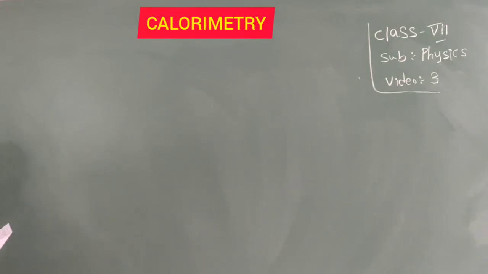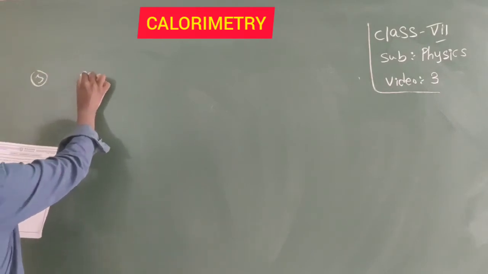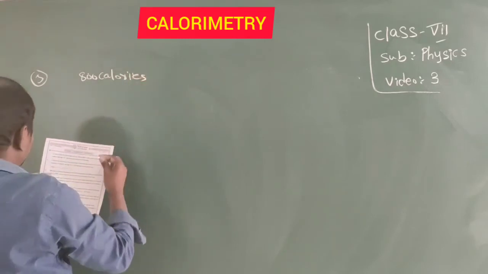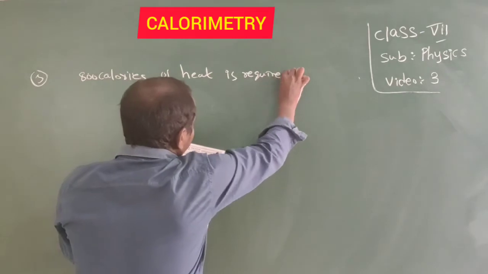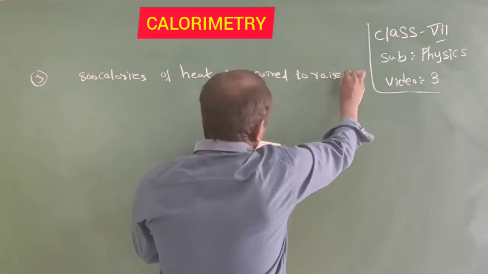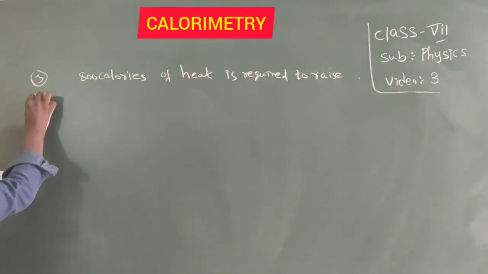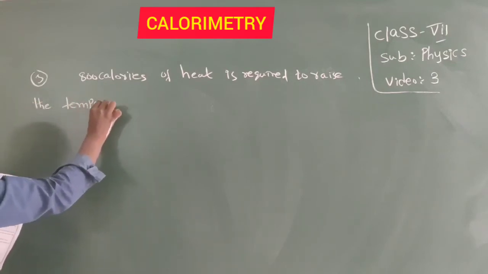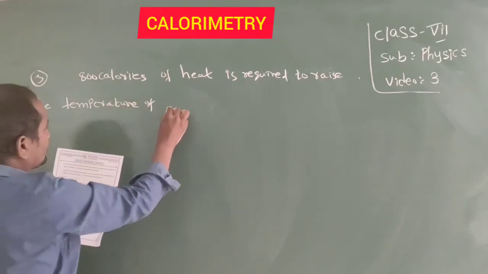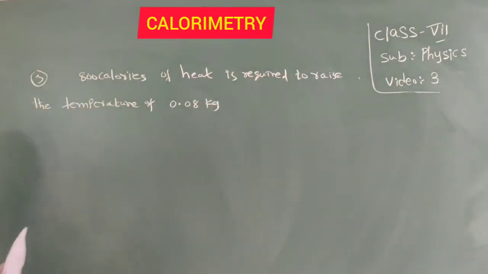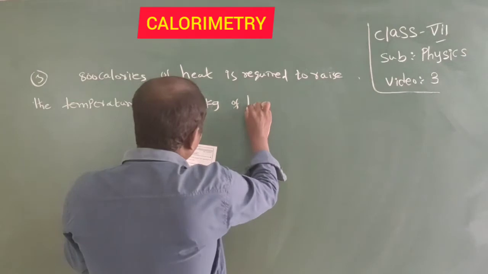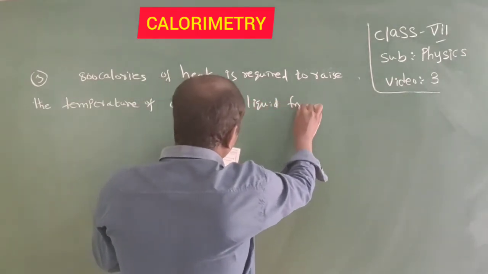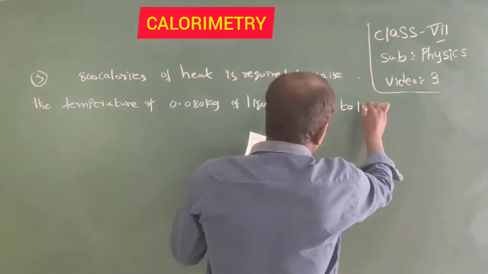Okay. So question number 3, 800 calories of heat is required to raise the temperature of 0.080 kg of liquid from 10 degrees Celsius to 100 degrees Celsius.